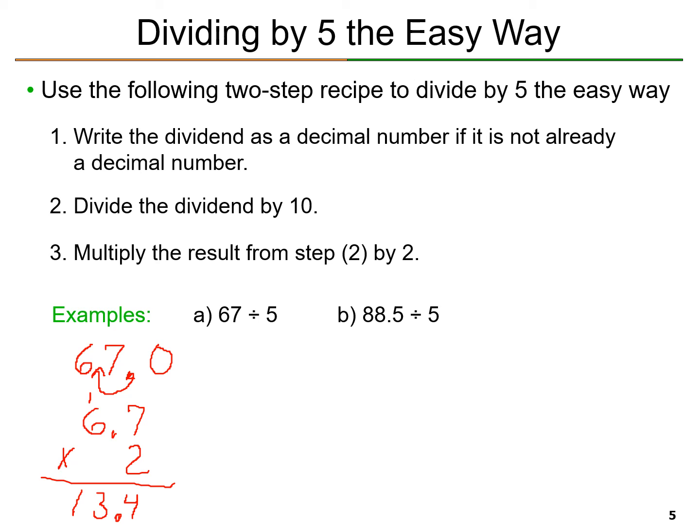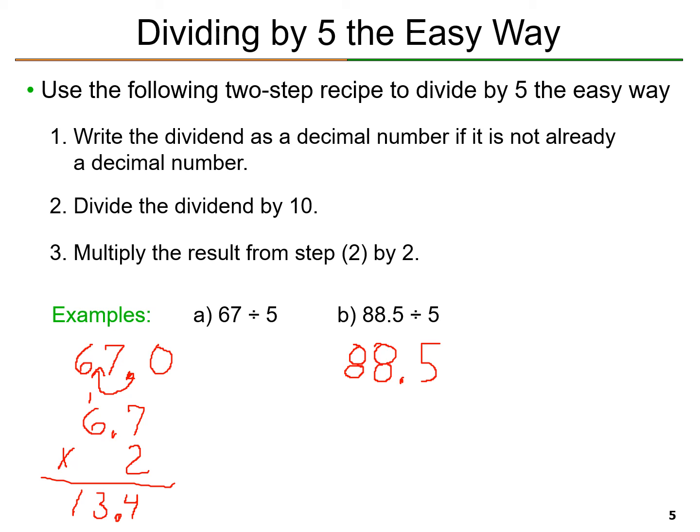Okay, let's divide 88.5 by 5. 88.5 is already a decimal number, so we're going to write it down just like it appears. 88.5. In step 2, divide the dividend by 10.